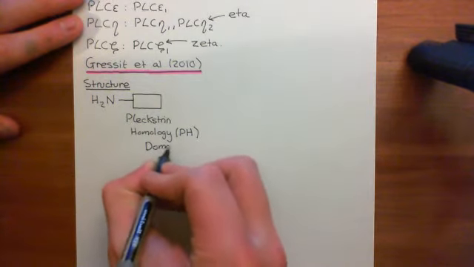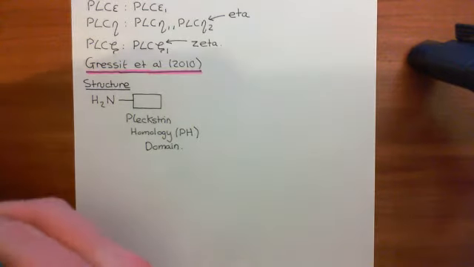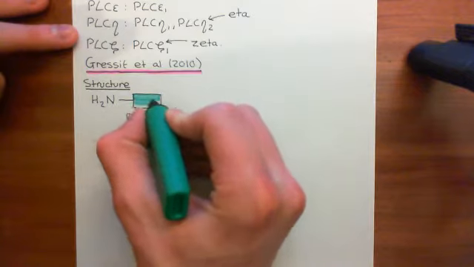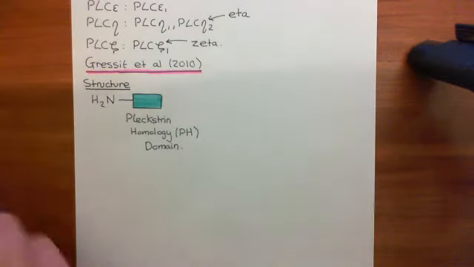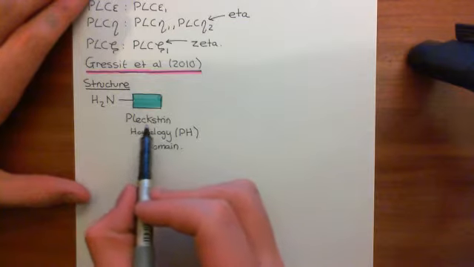This is a domain that you find in a huge number of different proteins. It's just a conserved structure that you can find all over the place. It was originally found in the protein pleckstrin, which is important in platelets.